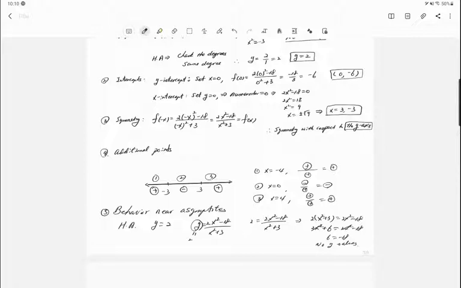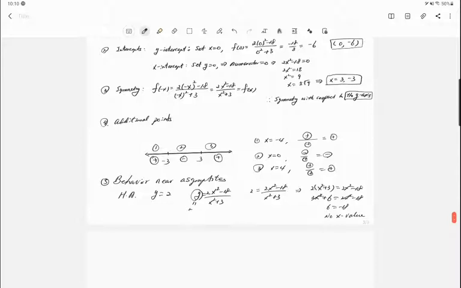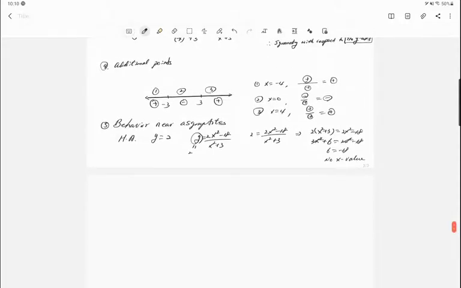We cannot find any x value so that the graph crosses y equals 2. There's no solution, meaning no x value makes y equal 2. Can you see it? All right, so this means the graph does not cross the horizontal asymptote. Keep this in mind and then graph it.